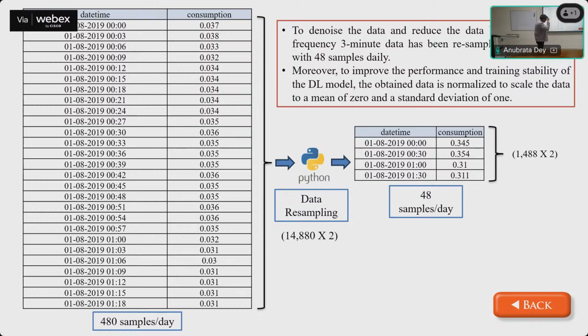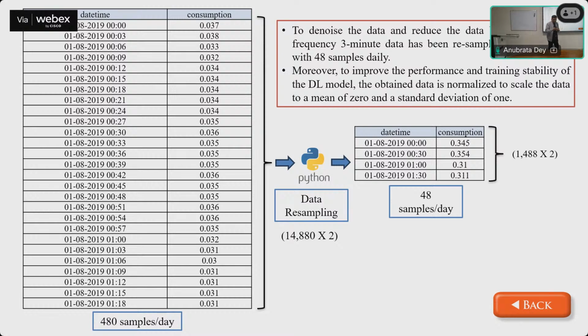Once you do that, the data which we have gathered are 480 samples per day, which is very high. So we want to reduce this data from 480 to 1/10 of that. We resampled those data.